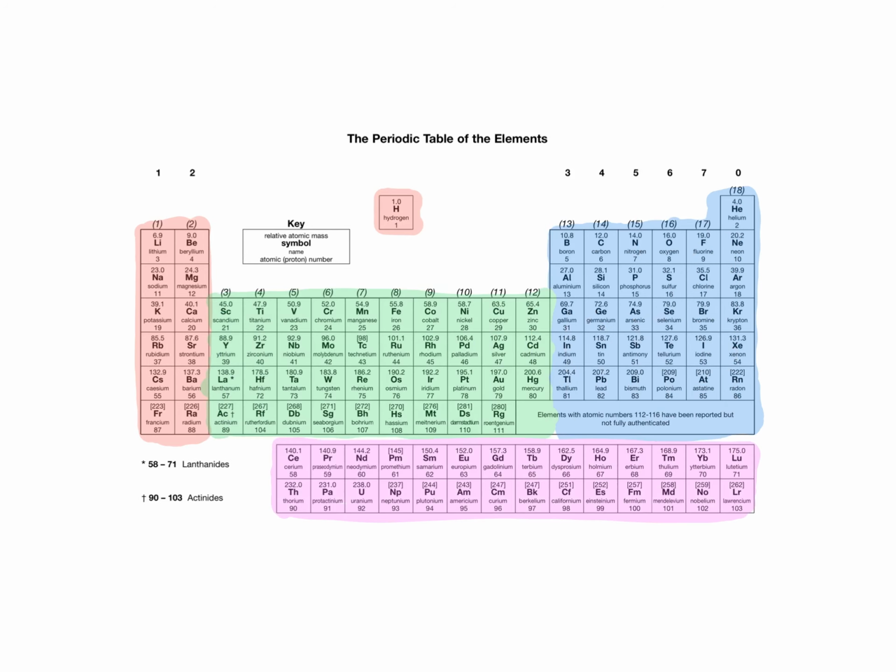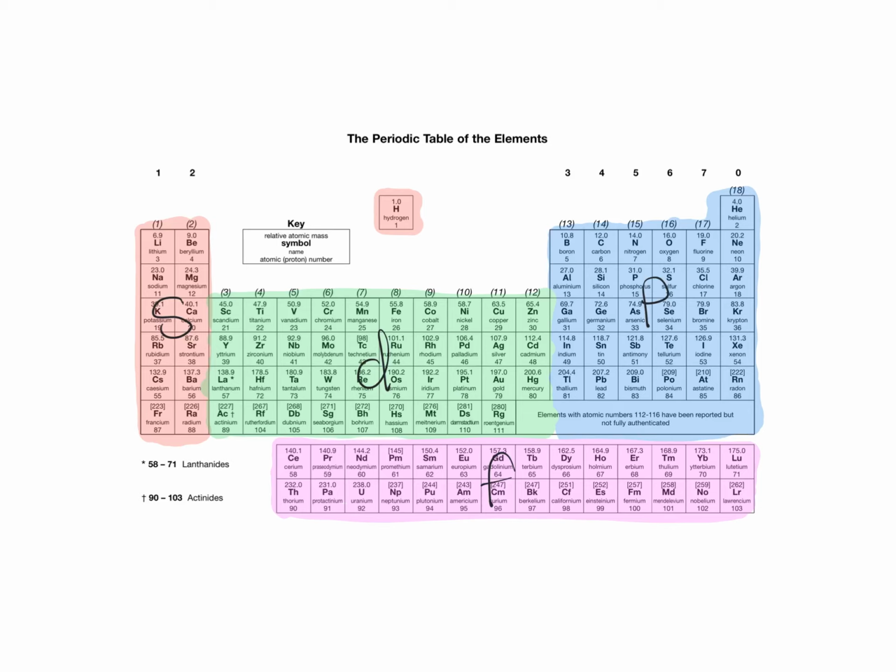And this is really useful, partly because some people can use the periodic table to very quickly write out an electron arrangement, but also because it gives us some really important information. So this is called the S block, this is the P block, this is the D block, and this is the F block. Again, not in the order that you'd expect, but there you go. S, P, D and F block.